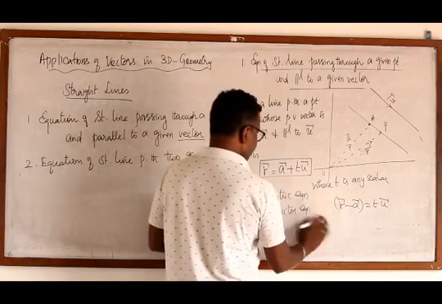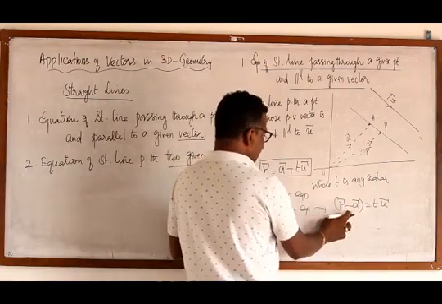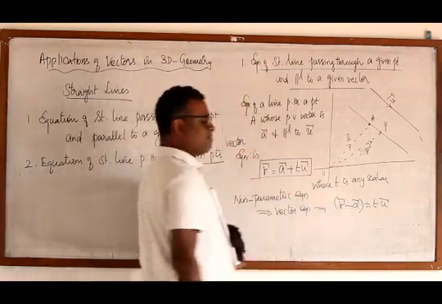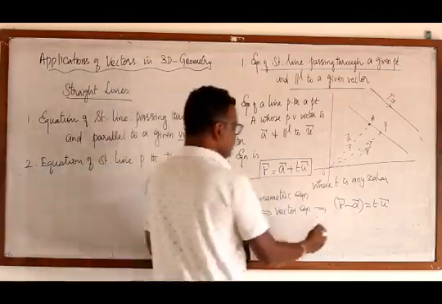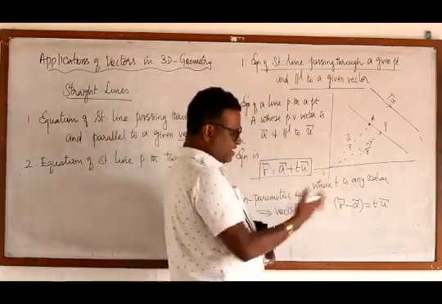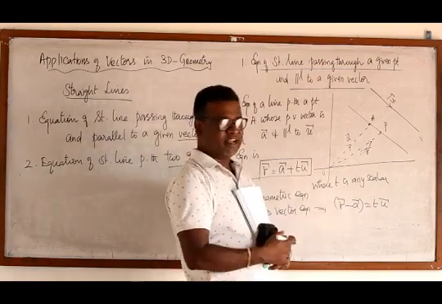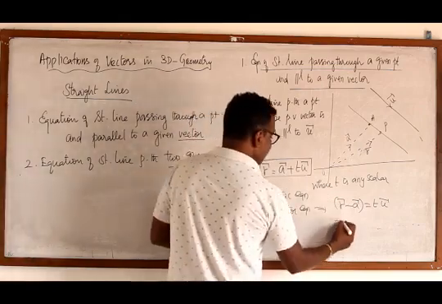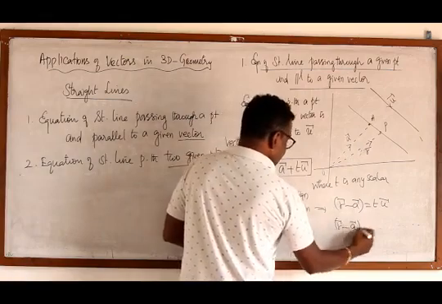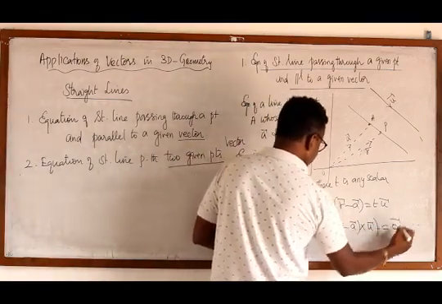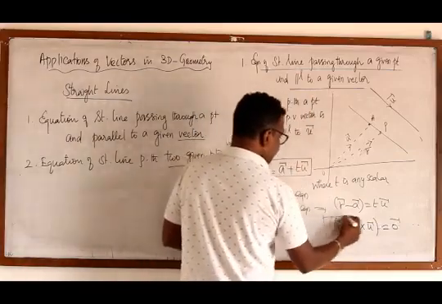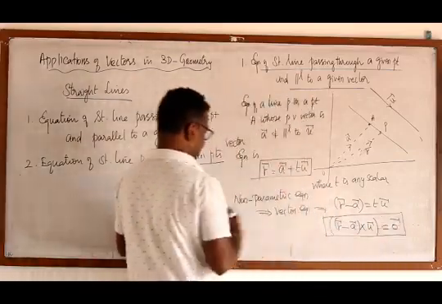Then the vector equation implies one vector is expressed as a scalar multiple of another vector, which means these two vectors are parallel or collinear. If these two vectors are parallel or collinear, then their cross product is 0, isn't it? Then r minus a cross u vector equal to 0 vector. This is called the non-parametric format.